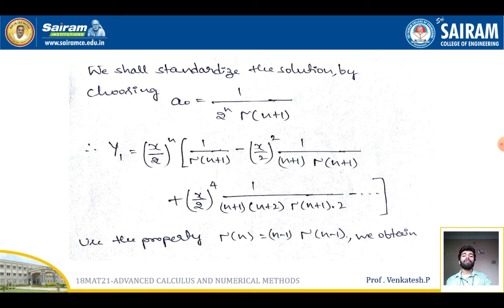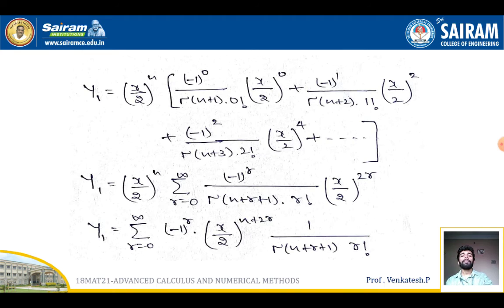And also from the concept of gamma functions, we have gamma of n is equal to n minus 1 into gamma of n minus 1, and so I can write n plus 1 into gamma of n plus 1 as gamma of n plus 2, and n plus 1 n plus 2 into gamma of n plus 1 as gamma of n plus 3.